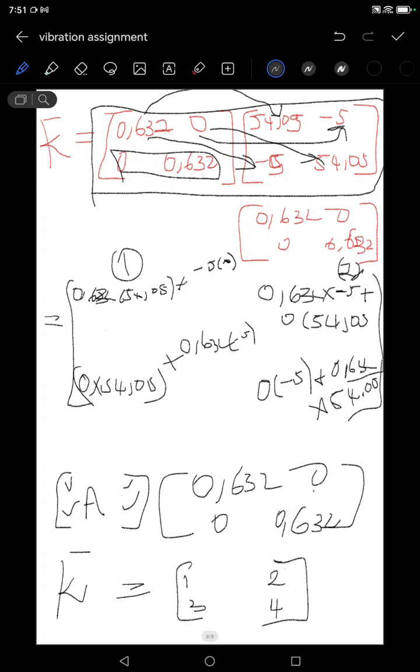And then after getting the normalized stiffness, we can now determine the eigenvalue and the natural frequency. To determine the eigenvalue, you have to use the normalized stiffness.